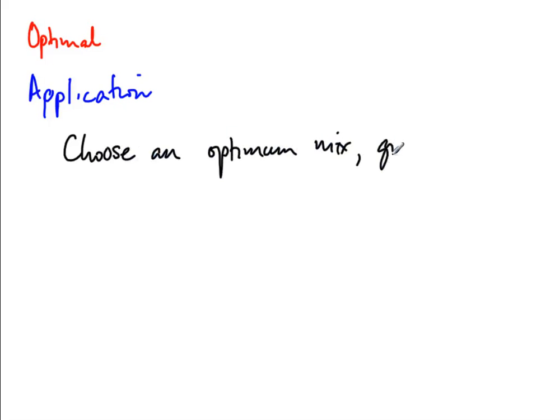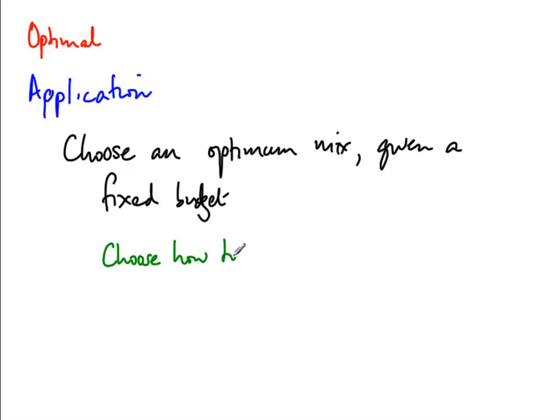Given a fixed budget, you want to choose from a menu of options, but you only have a fixed budget to choose from. So the fixed budget is your knapsack, and the mix of options is what is available to you, and there is a certain cost or a value, depending on how you interpret it, of the different items that you have to choose. There are many real life applications where this kind of problem arises. One of them is when you want to consume raw materials.